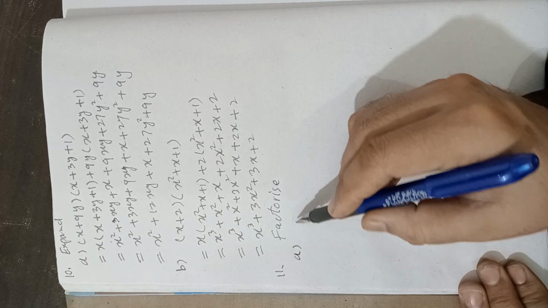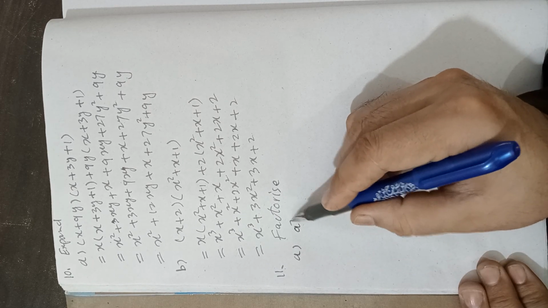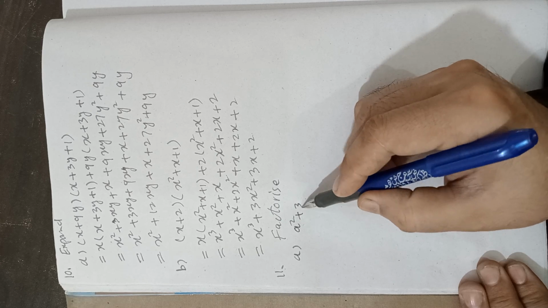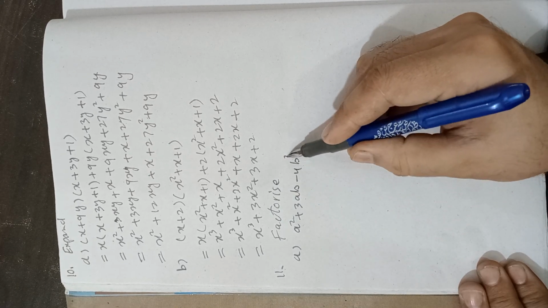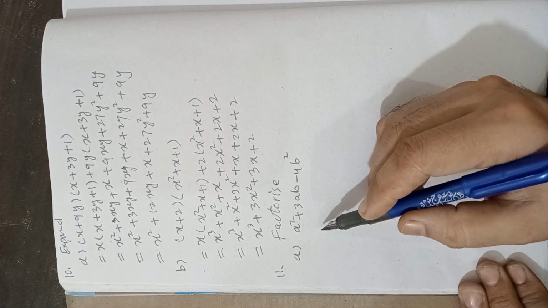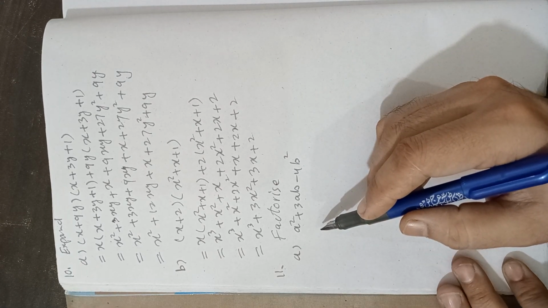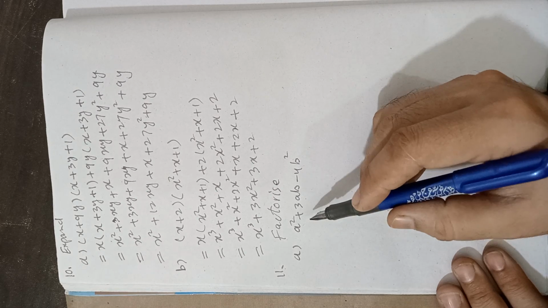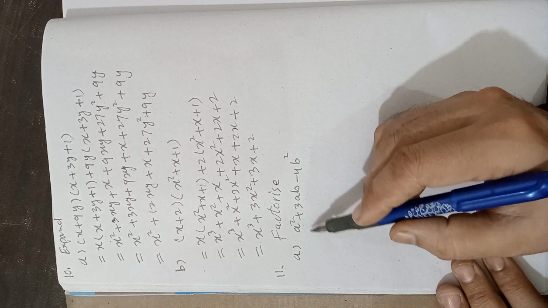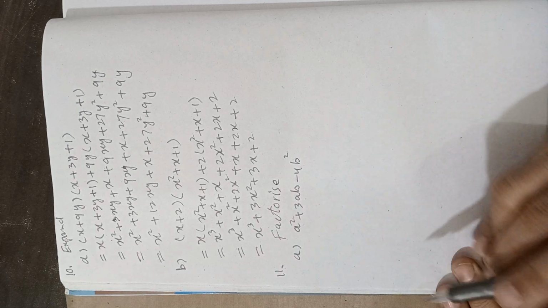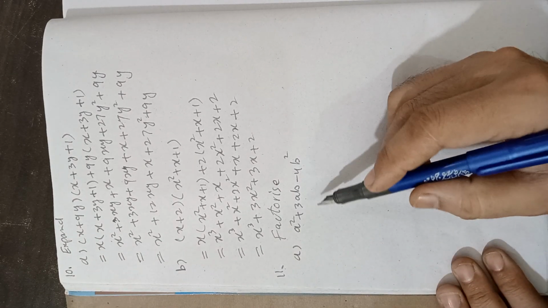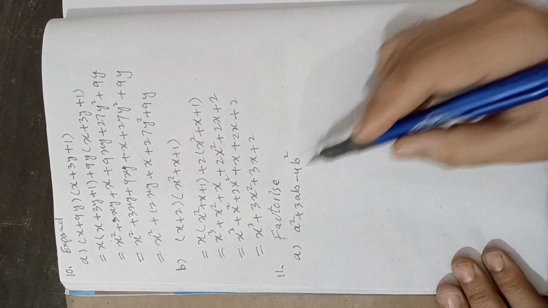Then a part is a square plus 3ab minus 4b square. We have to find its factor, and we have to use brackets to find part of this term. Part of this term mean to find its factors, and you know that here is 1 and here is 4.